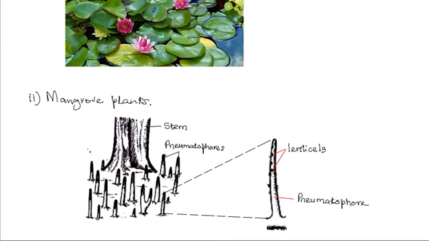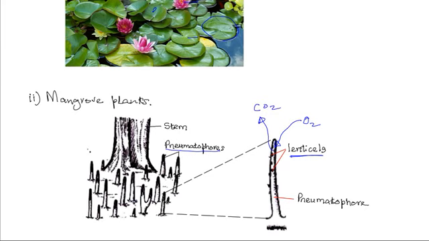So these mangrove plants have developed specialized breathing roots known as pneumatophores. Pneumatophores grow out of the soil and into the atmosphere. These pneumatophores have lenticels on their surfaces. This is to facilitate rapid gaseous exchange. So they obtain oxygen from the atmosphere and release carbon dioxide.